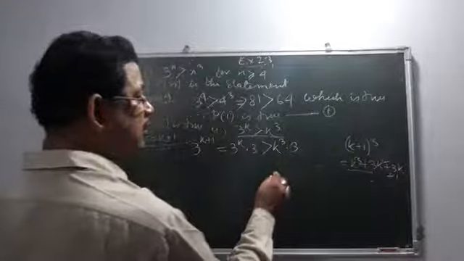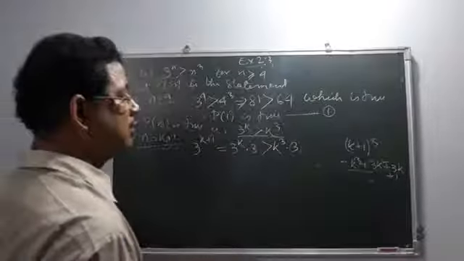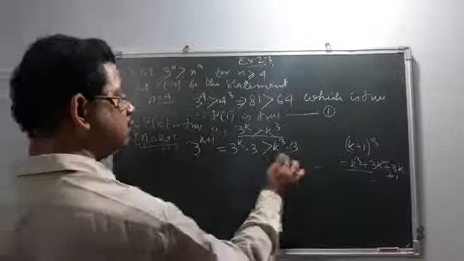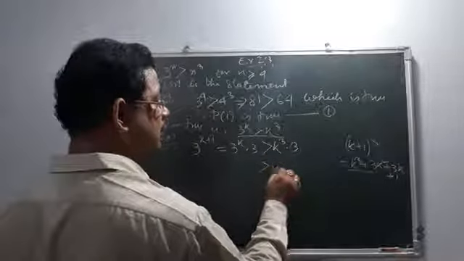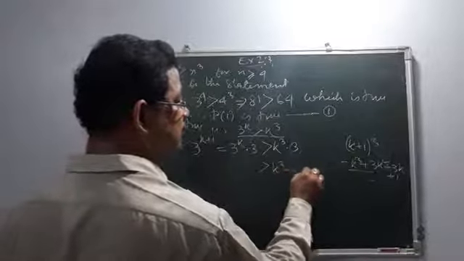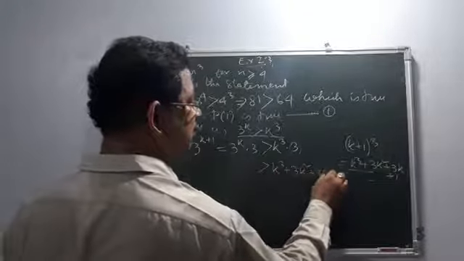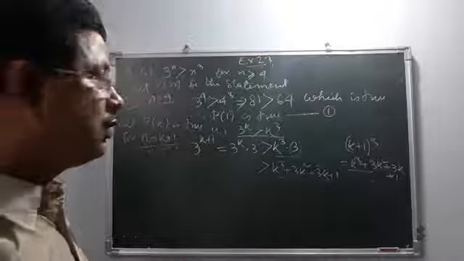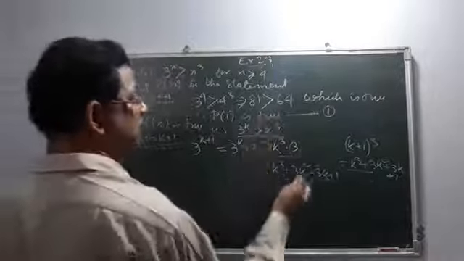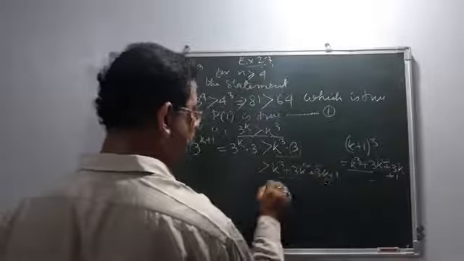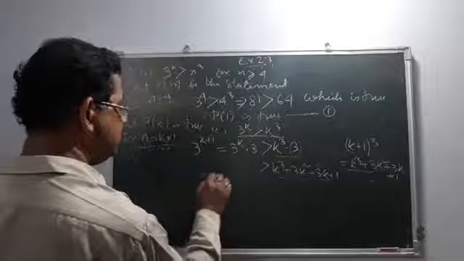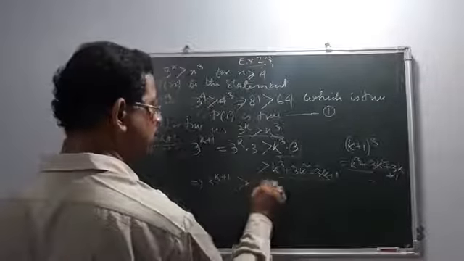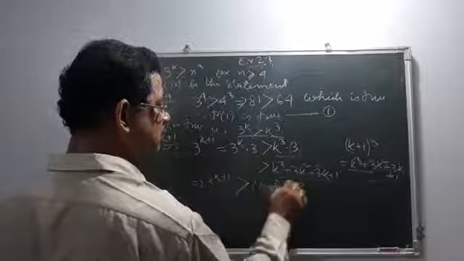Now shall I write this k cube into 3 as this form? Is it greater than k cube plus 3k square plus 3k plus 1? Definitely it is, and this term is greater than this one because our n is greater than or equal to 4. So this implies 3 to the power k plus 1 is greater than (k plus 1) whole cube.